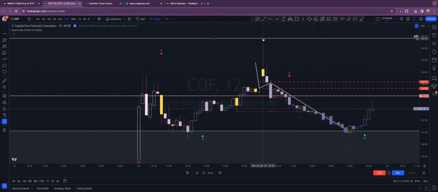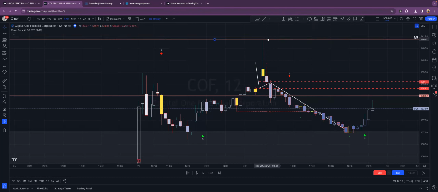You have price jump up this high, come all the way back down. If you look, it'll tell you where this candle opened up at. The candle opened at 139, got to a high of 140.86, and then started coming back down.